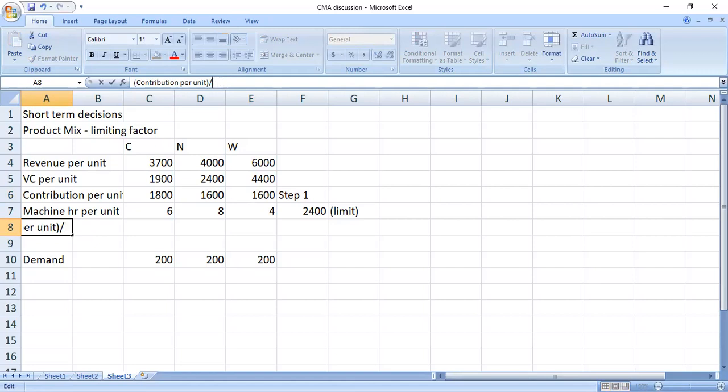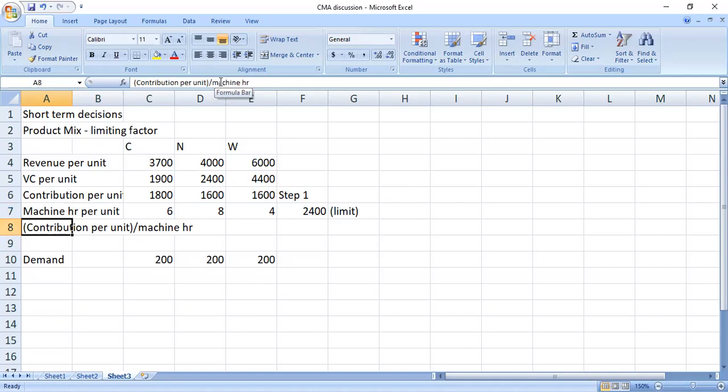The limiting factor is known, per machine hour. Before you divide, be sure that this is machine hours per unit. They will tell you machine hours, yet they mean total machine hours, so you're supposed to compute machine hours per unit.